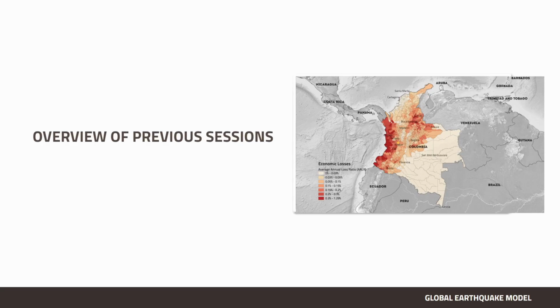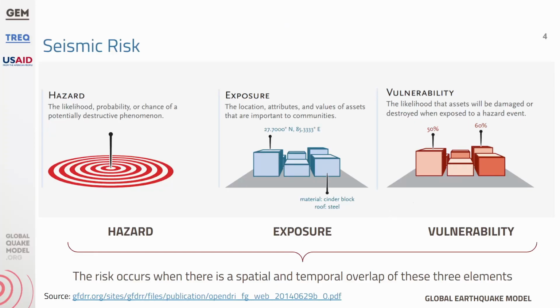So let's refresh some of the concepts that we have seen in previous sessions. By now, you should be fairly familiar with the concepts of seismic hazard and seismic risk. What is the difference between seismic hazard and seismic risk? We said previously that hazard refers to the existence of one or more sources of seismicity that can generate earthquakes and the subsequent effects of these seismic events at the level of the ground.